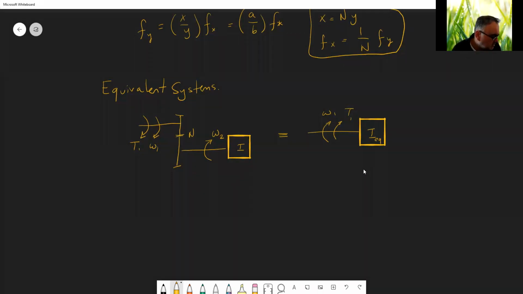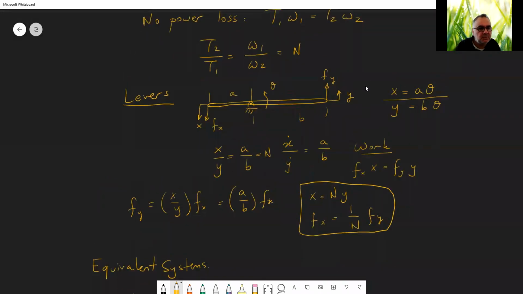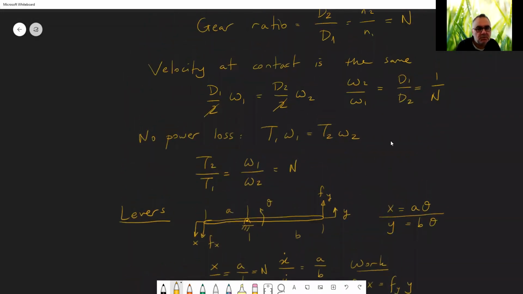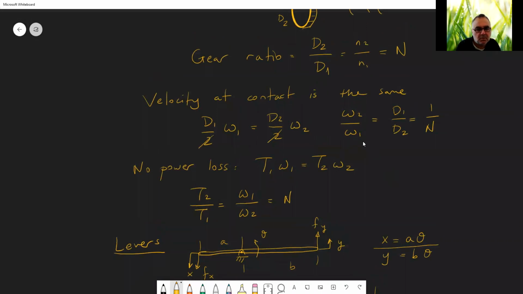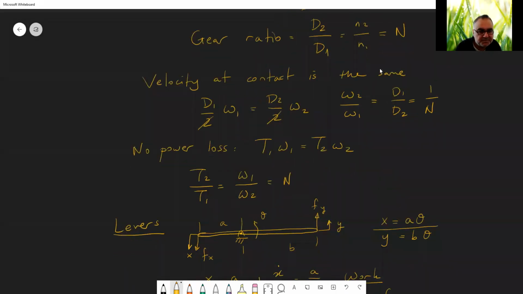Now, the kinetic energy for this system, as you know, is 1 over 2 times I times omega 2 squared. Okay? But omega 2, from our definition, what was it? Omega 2 was omega 1 over n, right?